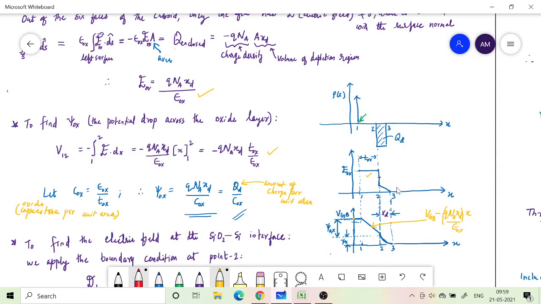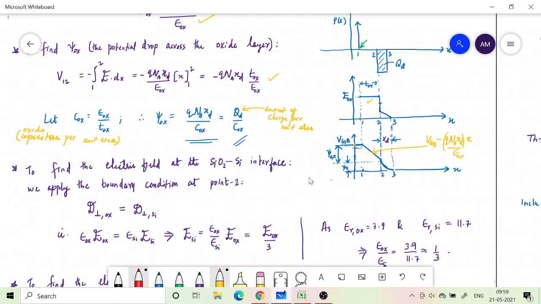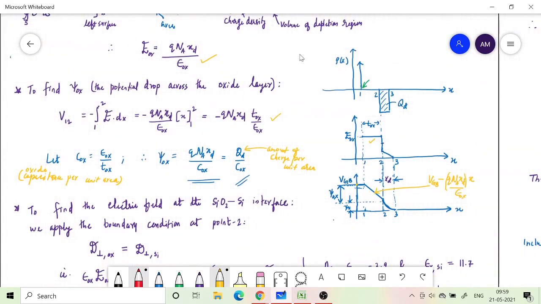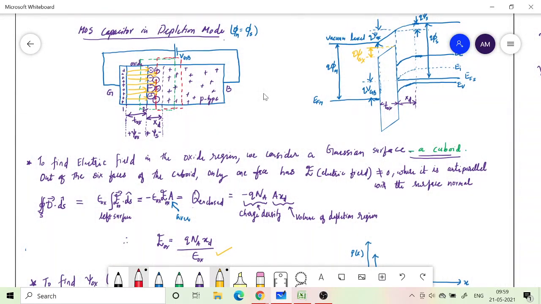Now we need to find out how these values vary in the depletion region, that is inside the semiconductor near the interface. There is going to be some electric field, and we need to find that out. For that, again we are going to apply Gauss law, same procedure, but now we consider the Gaussian surface differently.